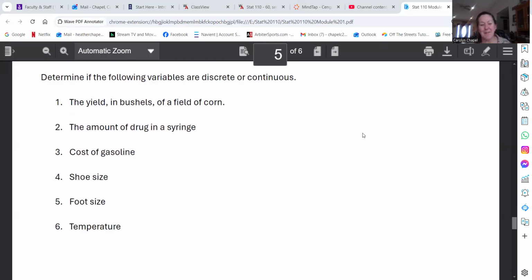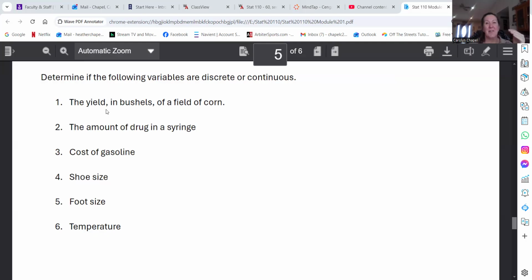Here are some examples to give us a little more understanding of discrete values separated on our number line, versus a continual type thing. The yield in bushels of field corn could be a little tricky.